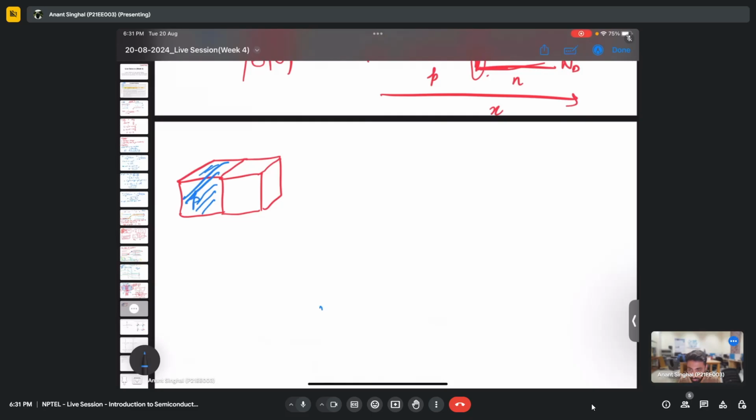We do uniform doping, so we have these acceptor ions uniformly available everywhere in this cube. If we talk in fabrication terms, it will be something different, but you can just say that we have uniform ions present at each and every point of this cube. Same goes with the donor case.